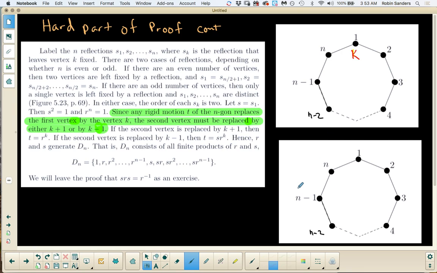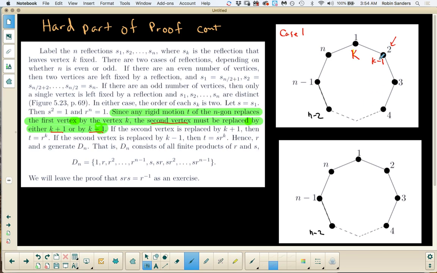And one of two things happens. The vertex that gets moved to 2, the second vertex, can either be K plus 1 or K minus 1. So our case 1 is going to look like this: K minus 1.